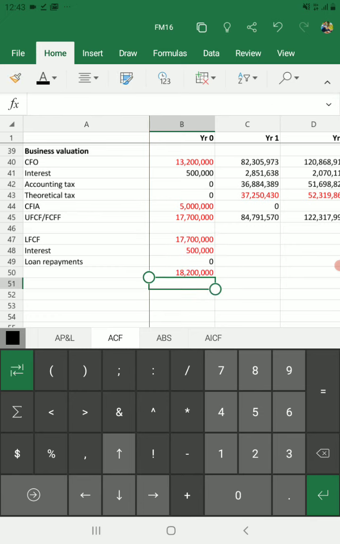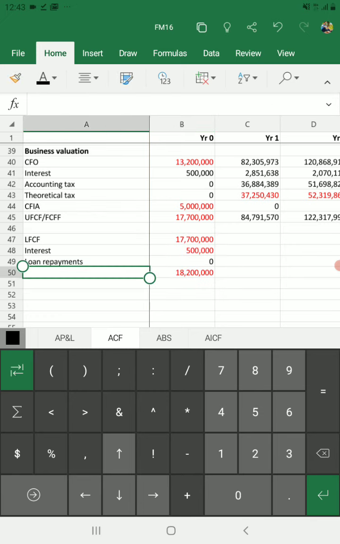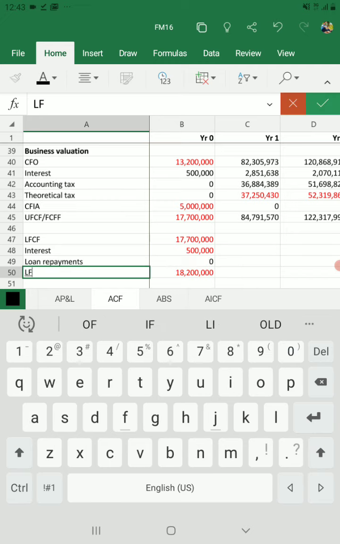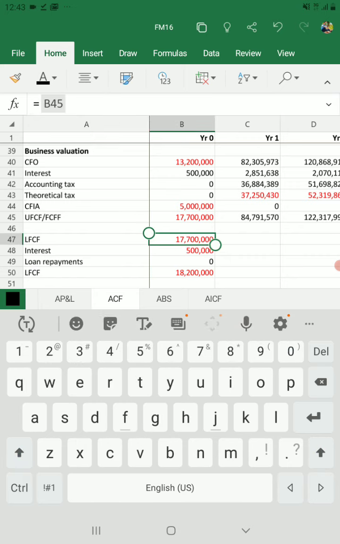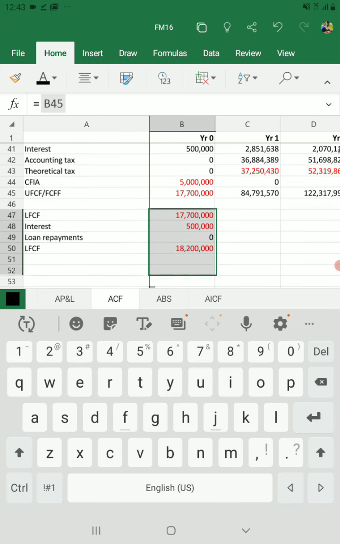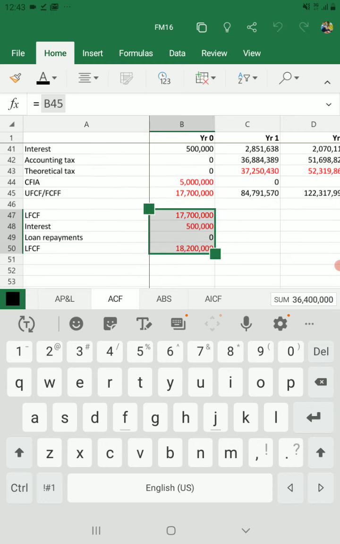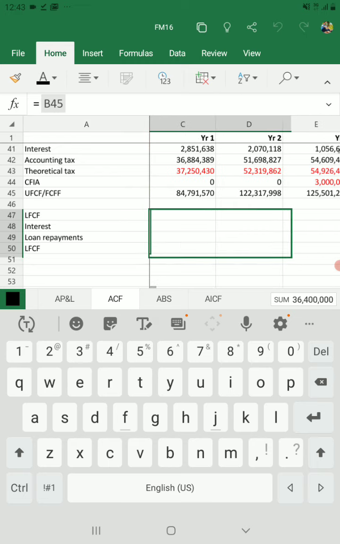And the sum of this now will be our levered free cash flow. Let me select this and fill to the rest of our projected horizon.